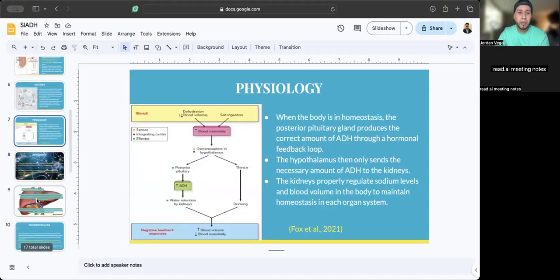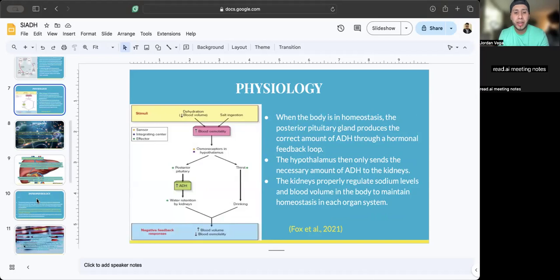So this figure here may look familiar. It's from our book, and it illustrates the negative feedback responses that occur when antidiuretic hormone is overproduced, underproduced, or properly produced.